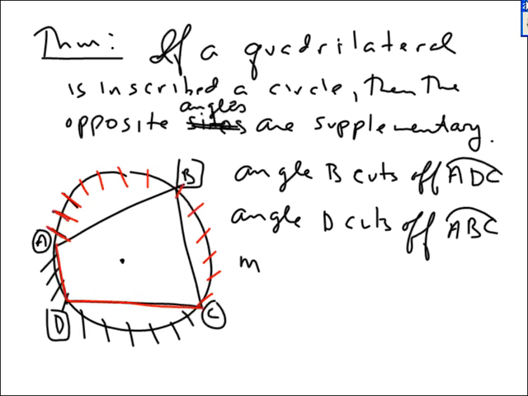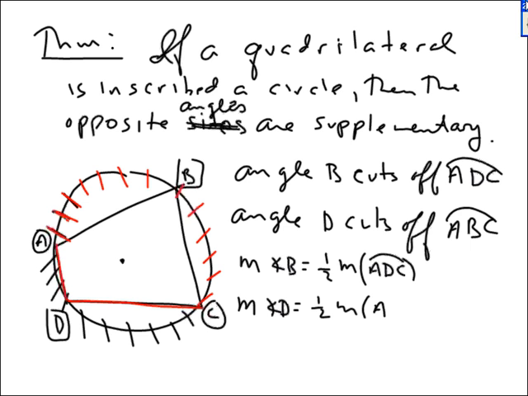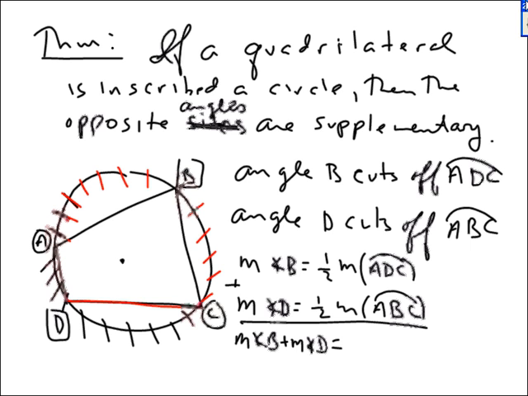Now, remember, the measure of angle B is 1/2 the measure of arc ADC. And the measure of angle D is 1/2 of its intercepted arc, namely arc ABC. Well, I add the left sides. I get the measure of angle B plus the measure of angle D. I add up the right sides. I can factor out the half.